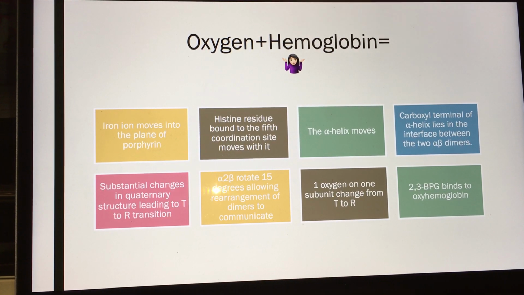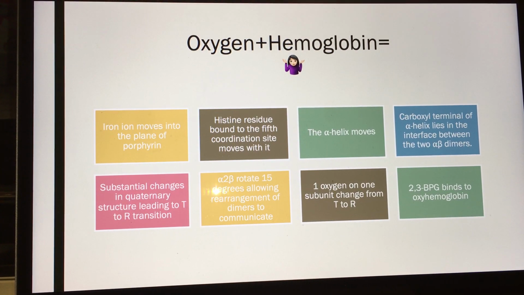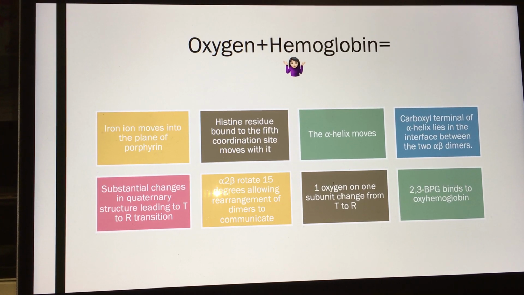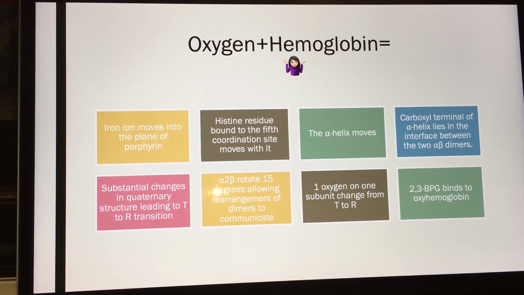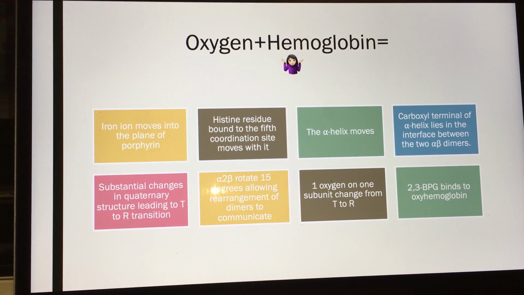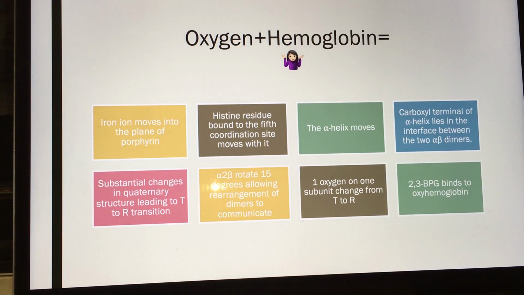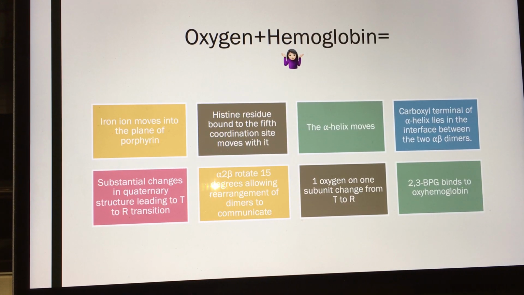So what happens when oxygen binds to hemoglobin? Basically, the iron ion moves into the plane of the porphyrin.